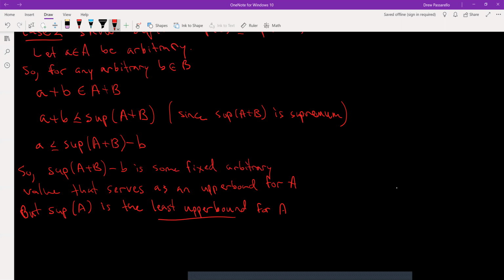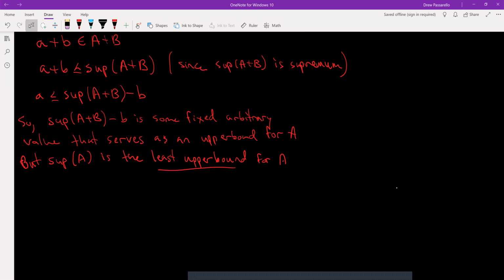All right. So therefore, for our arbitrary element a, a is less than or equal to the sup of A, but that's less than or equal to the sup of A plus B minus b.